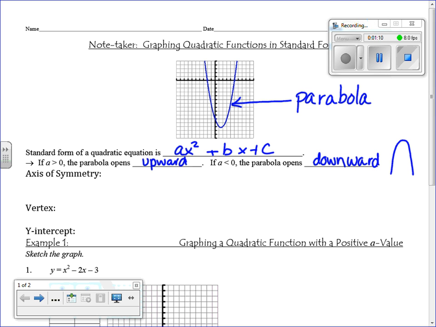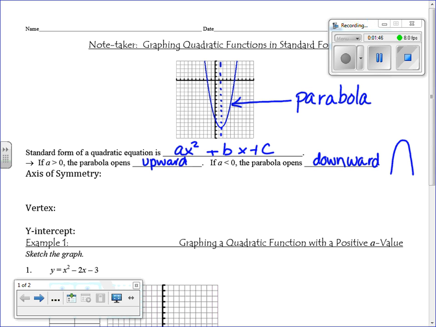First of all, we need to know what our axis of symmetry is. If you look at this parabola, the axis of symmetry is the line where, if we were to fold it over on itself, it would be perfectly equal on both sides. It's the point on the x-axis where, if we went straight down on that line, x equals whatever value it is, and folded it over, both sides would match.